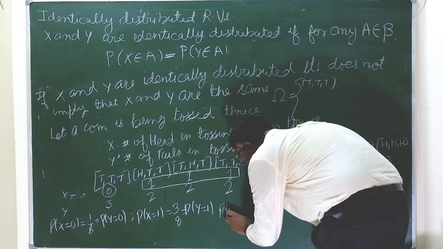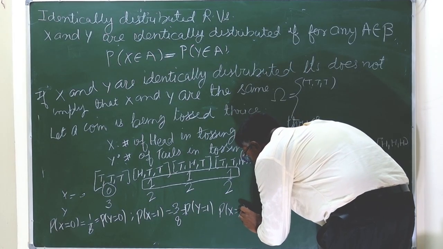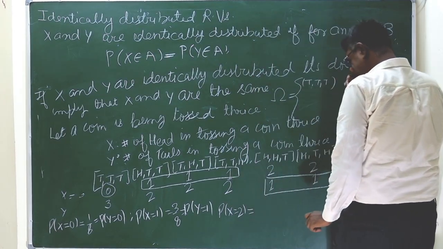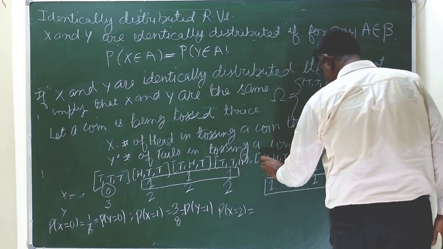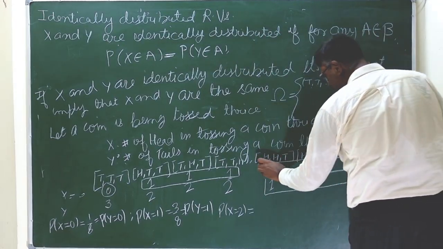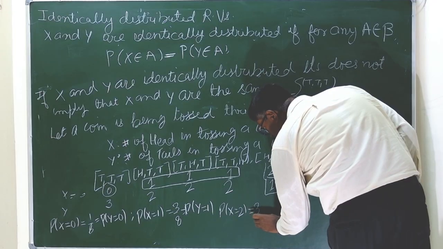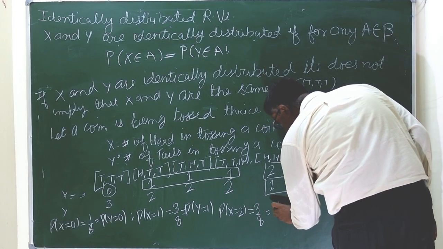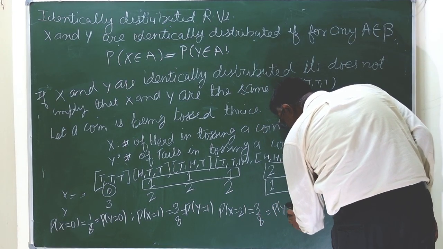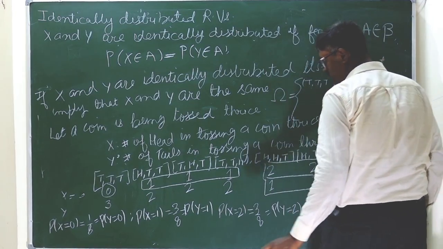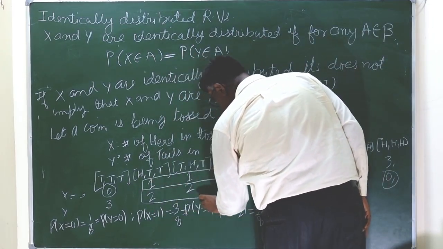Similarly, the probability of x is equal to 2 is again 3 by 8, which is exactly the probability of y is equal to 2. So y is equal to 2 is this case.